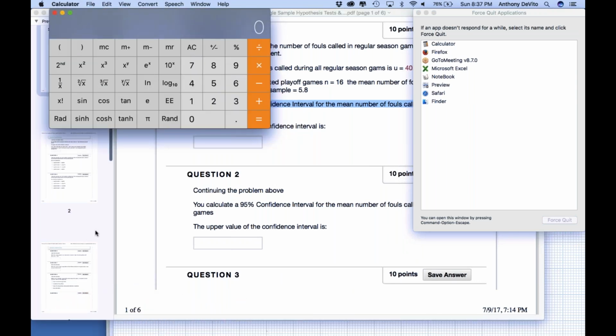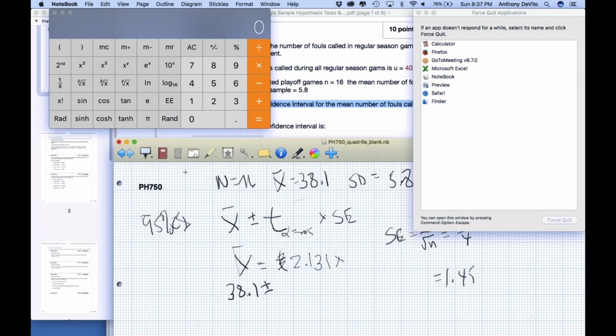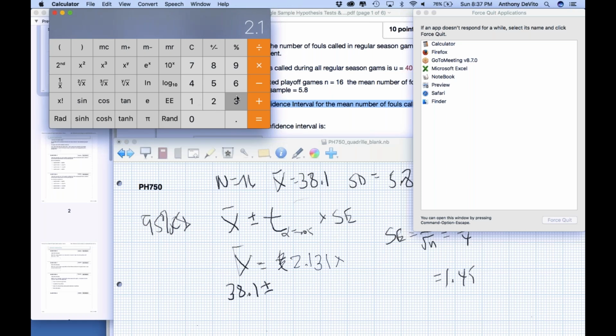So 2.131 times my standard error, 1.45. That's about 3, and I'm going to save that here.